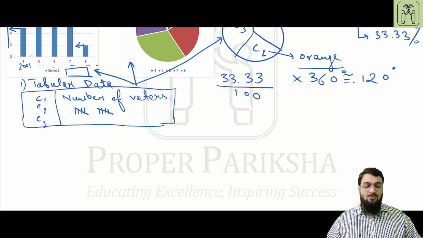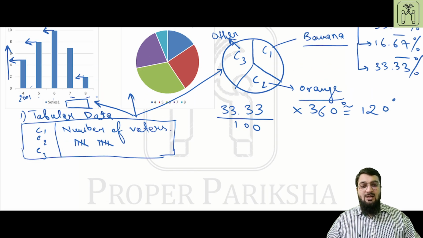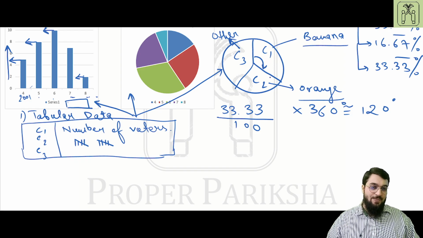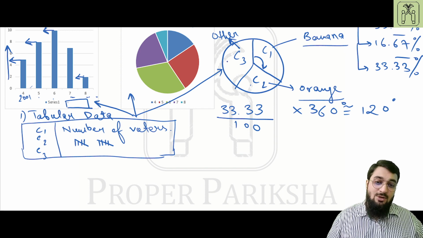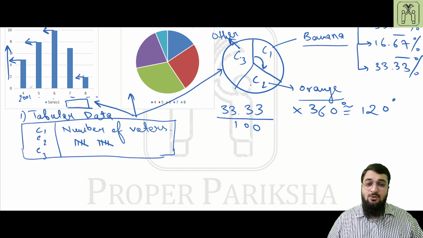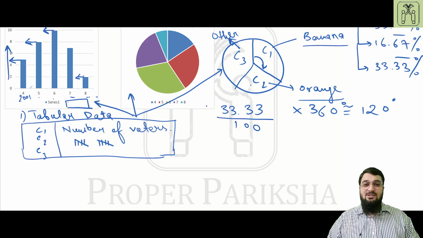By using a protractor we will make 120 degrees over here and plot it for C1. Similarly, 16.67 percent will be plotted as 60 degrees for C2, and 33.33 percent, roughly 120 degrees, will be plotted for C3. This is the simplest method I can let you know for plotting a pie chart.